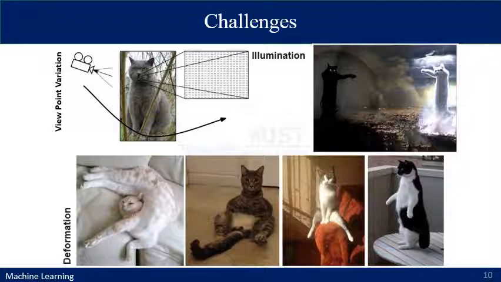However, there are other significant challenges in image classification because there are a lot of variations in the images. For example, you may capture the image from a different angle. Therefore, this will result in viewpoint variation.